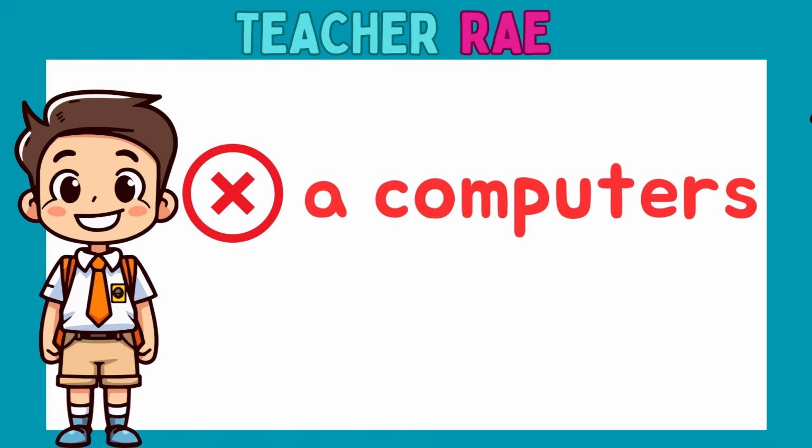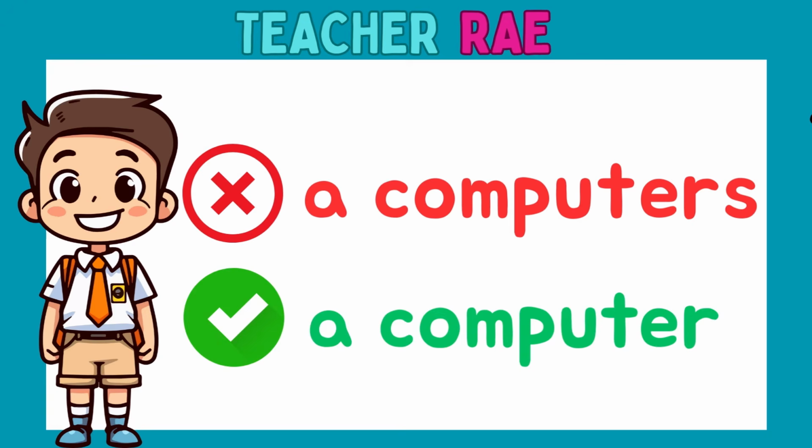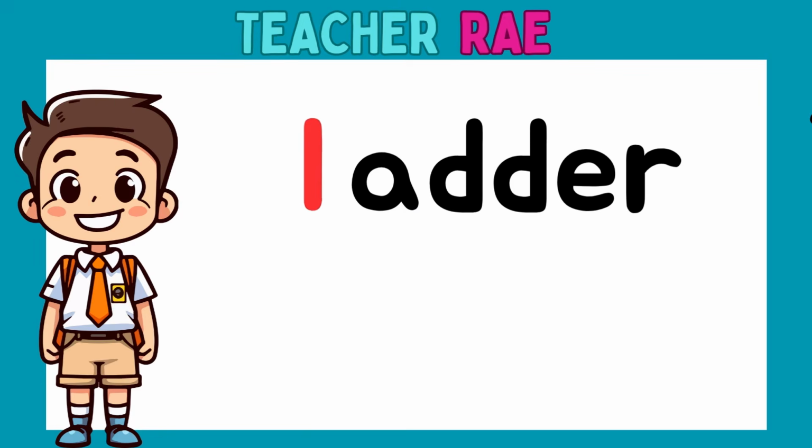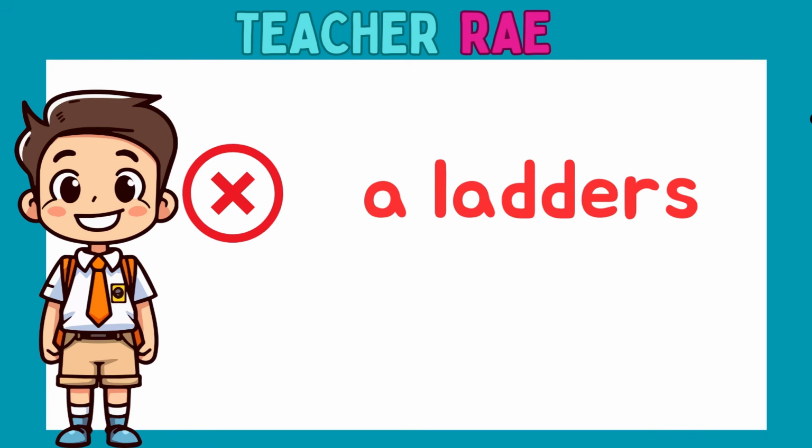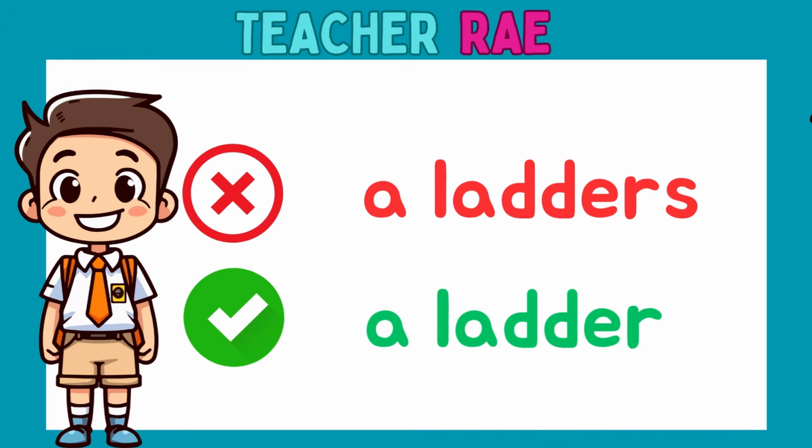We don't say a computers, we say a computer. The word ladder begins with a consonant L, so we say a ladder. We don't say a ladders, we say a ladder.